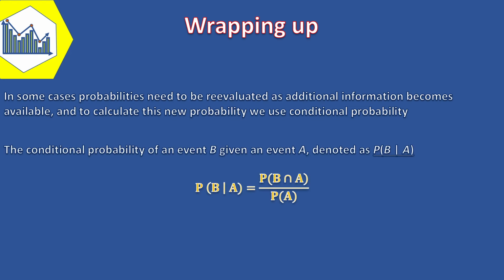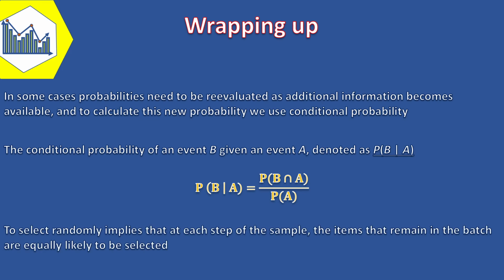Then we saw that we can directly calculate this probability in some rare cases, but generally we use the formal definition of conditional probability that says the conditional probability of an event B given an event A, denoted as this, is equal to the probability of the intersection of A and B over the probability of A, which is always greater than 0. And finally, we learned something about random samples that says to select randomly implies that at each step of the sample, the items that remained in the batch are equally likely to be selected.